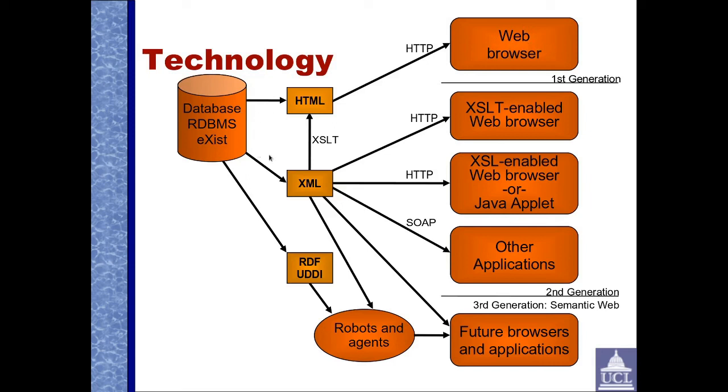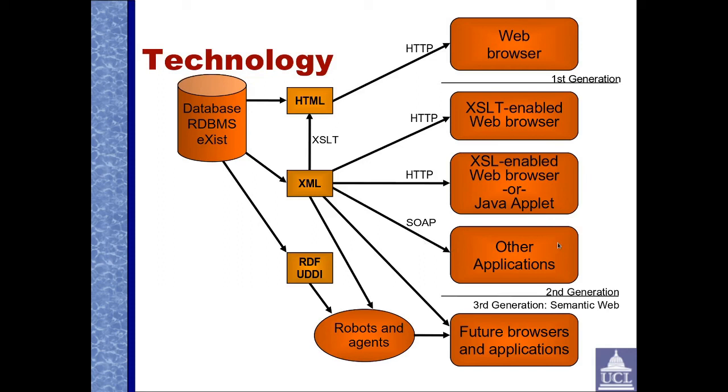Now, in the second generation, the data would go to XML. That would go over HTTP to XSLT-enabled web browsers, or through an XSL-enabled web browser and Java applet, or through a system called SOAP to other sorts of applications.